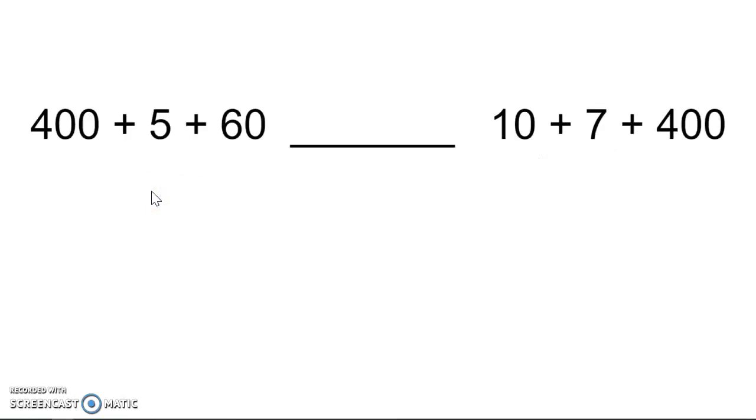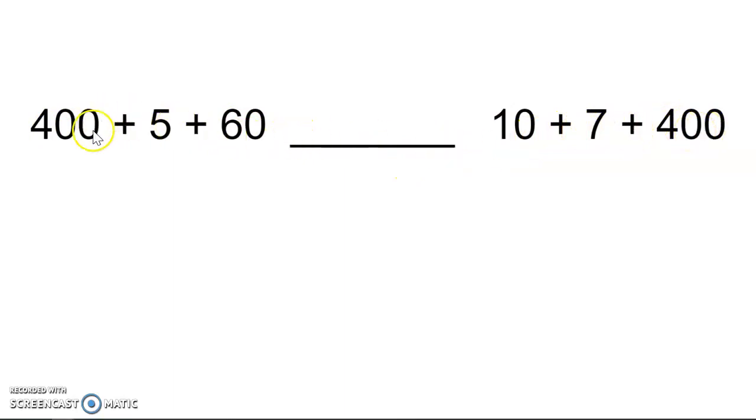Let's try another one. Here we have an expanded form example, and you will notice that this expanded form example is all out of order. Students should be able to work with these types of expressions. So we have 400 plus 5 plus 60 is greater than, less than, or equal to 10 plus 7 plus 400.